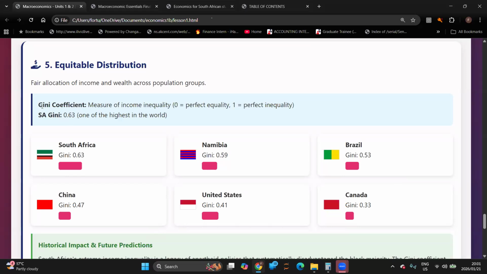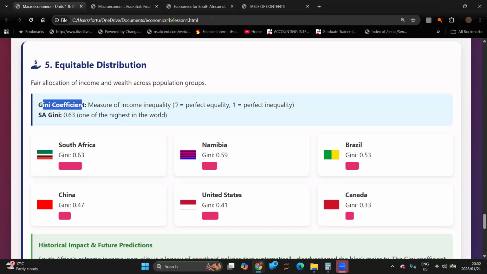Just to put it into perspective, the equitable distribution of income and wealth is measured by a proxy referred to as the Gini coefficient. That is a measure of inequality between 0 and 1, with 0 indicating perfect equality and 1 representing perfect inequality.